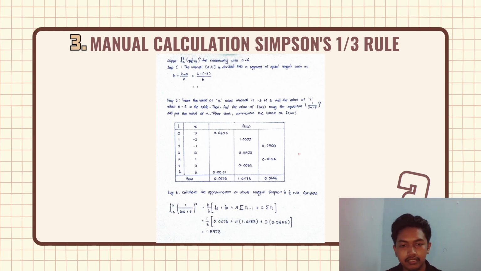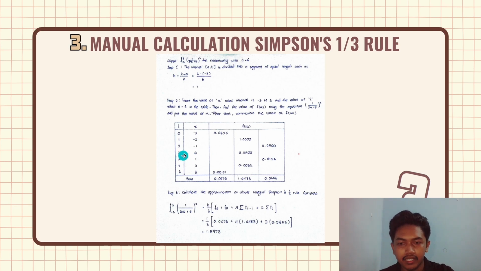As you can see here, this is the table. For i0, we put x equals to -3, f(xi) equal to 0.0625. For i1, x equals to -2 and fx equals to 1. For i2, x equals to -1 and fx equals to 0.25.